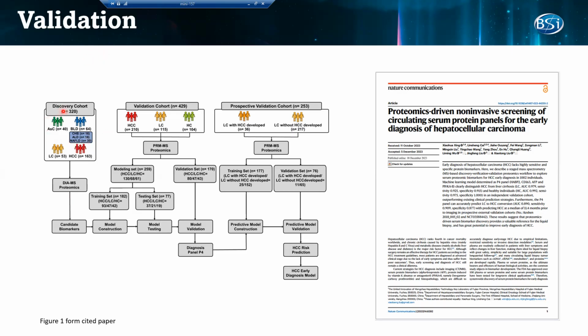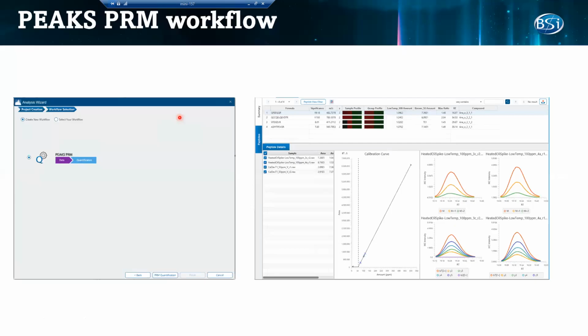Usually we have the cohort samples and do the DIA search to find the differential proteins. Then we need to do the validation using PRM. So that's why in PIX12 we now offer our PIX-PRM workflow to help you get the result. Due to time, I will not introduce the PRM workflow, just show some of the results.